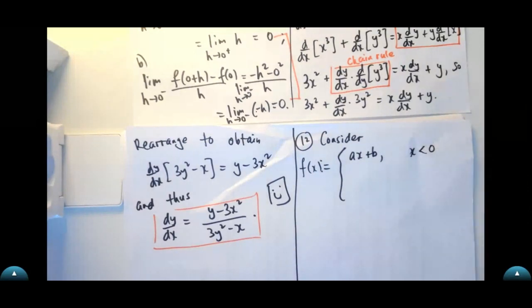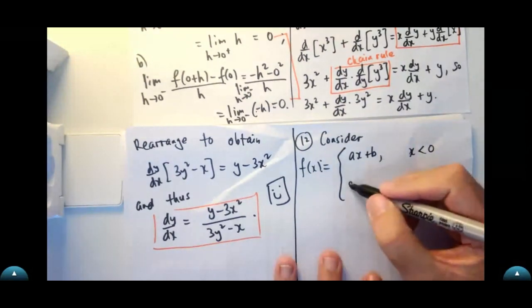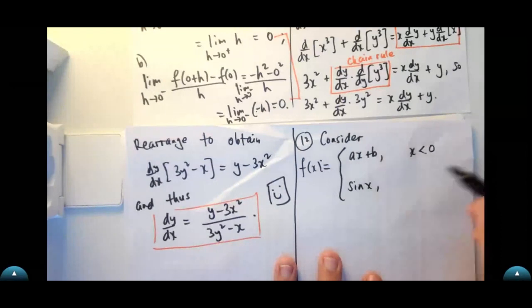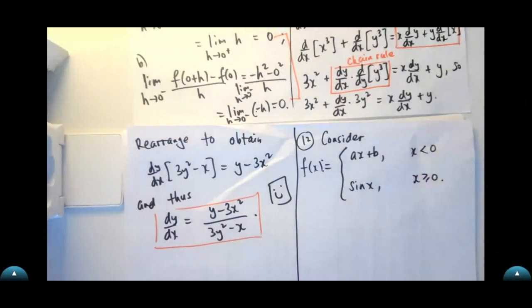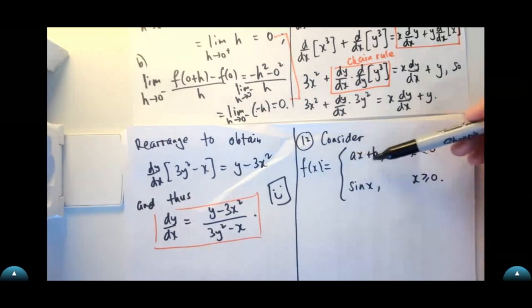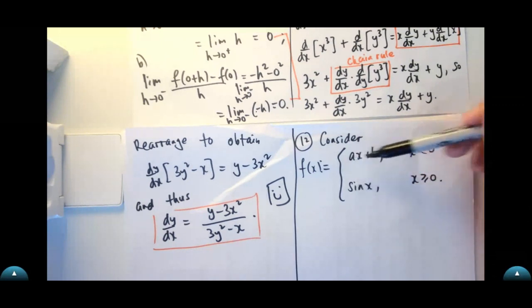It's a linear function when x is negative, and it's a trig function when x is greater than or equal to 0. The question is, what values of a and b guarantee that this function is continuous at 0, and then what values will ensure it's differentiable at 0?